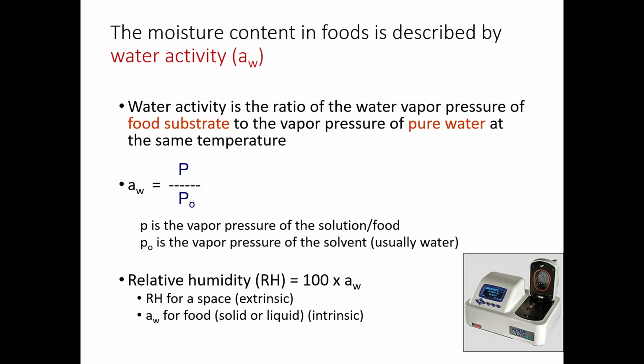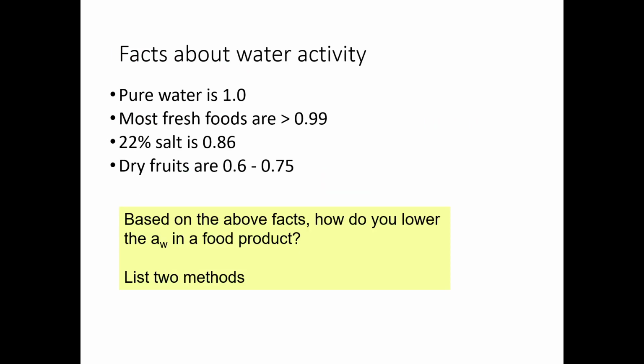The moisture content in foods is described by water activity, which is just A subscript W. It's the ratio of the water vapor pressure of the food substrate to the vapor pressure of pure water at the same temperature. You don't really need to know that, but it's good to know it's just the moisture content in the food. The number is based out of 1.